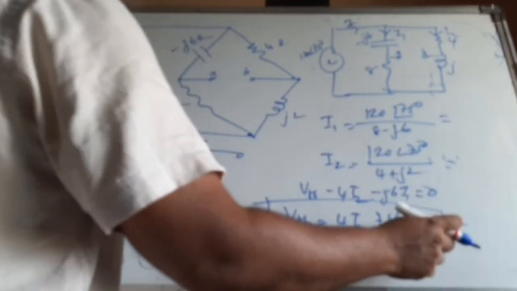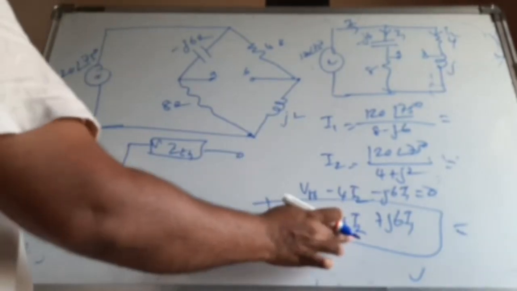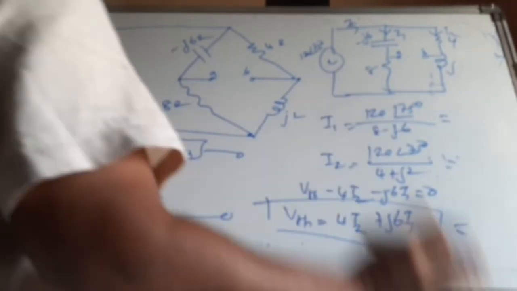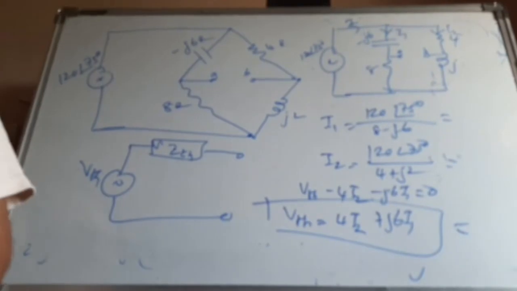Substitute and you get VTH. Substitute, and you get the Thevenin equivalent circuit.